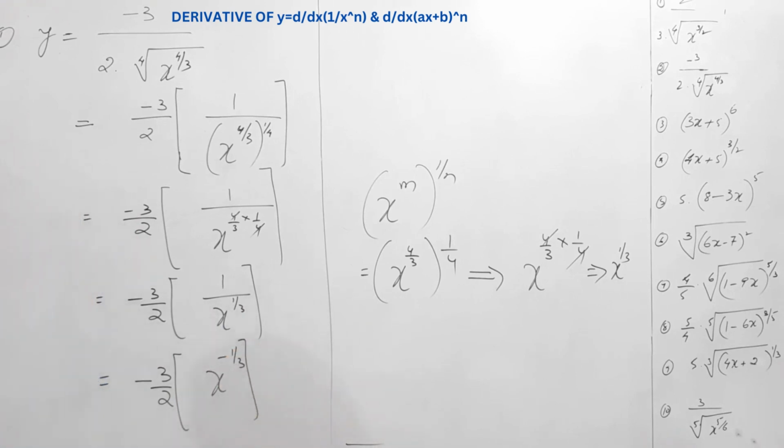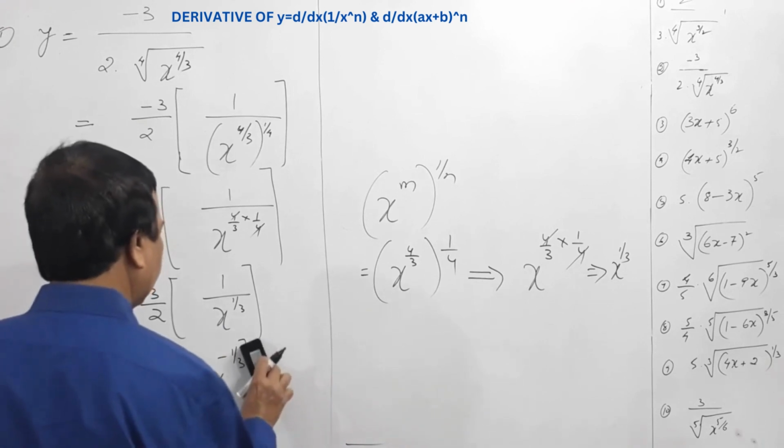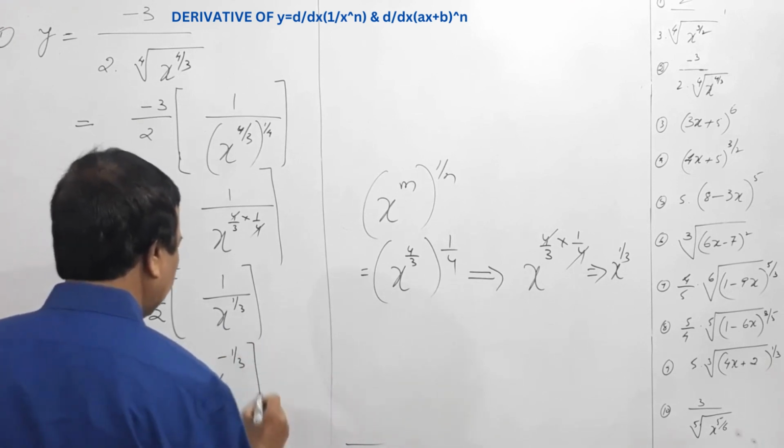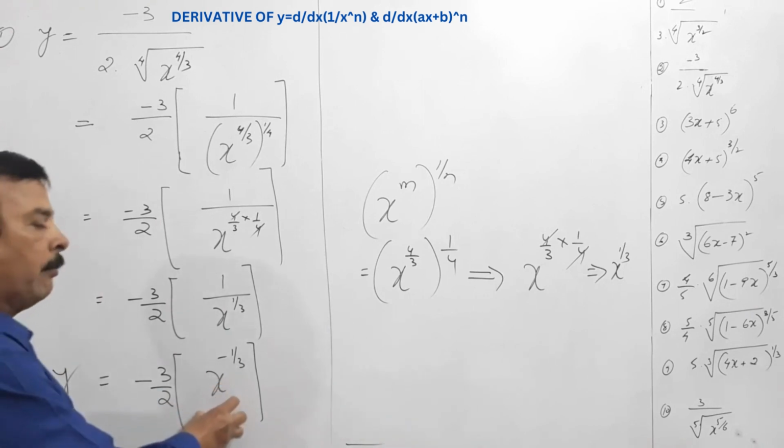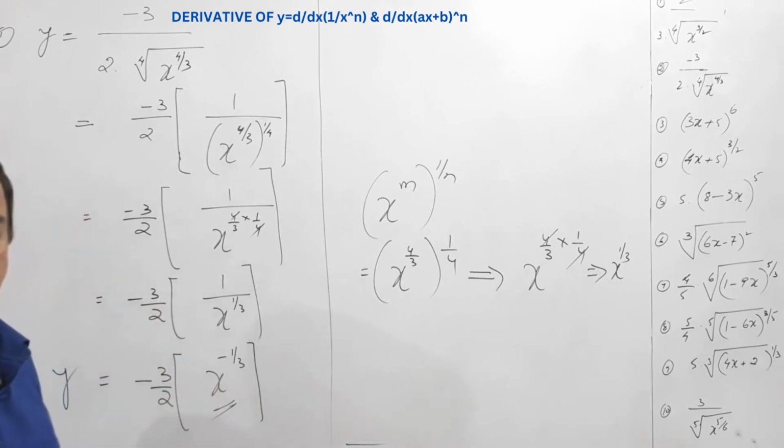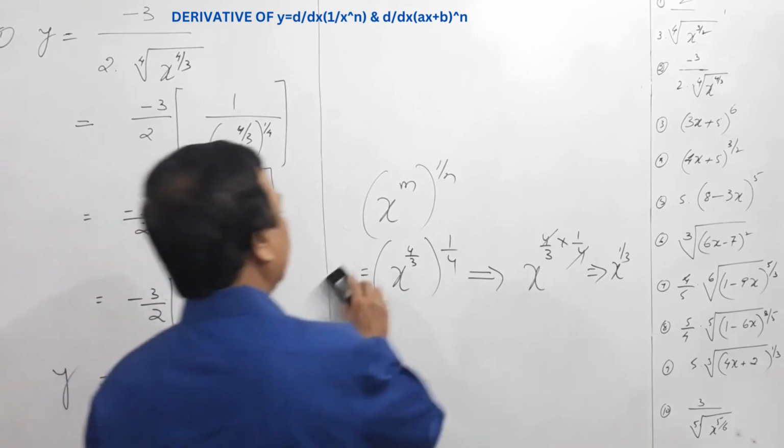Can I write like this? So I brought it to standard form. Now this is nothing but your y. We have brought this y to standard form so that we can differentiate it. So let's differentiate this.